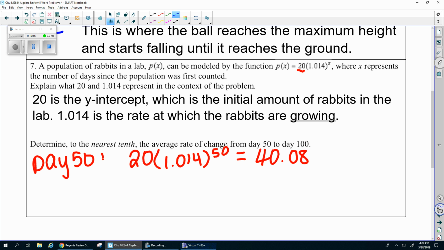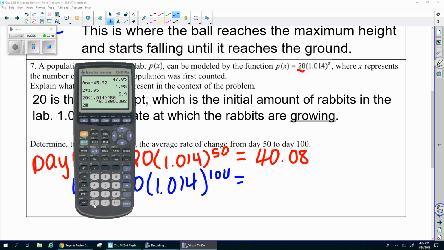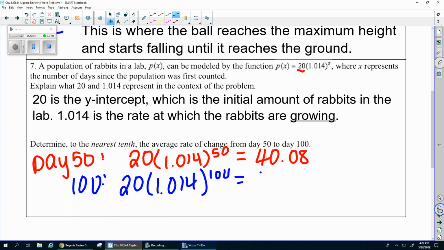All right, day 100. 20 times 1.014 to the 100th power, 80.32.